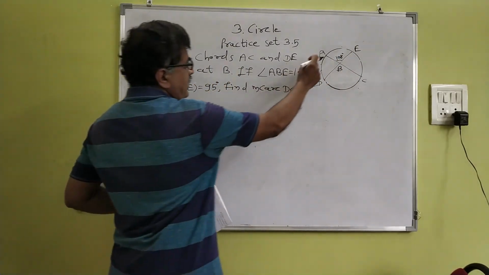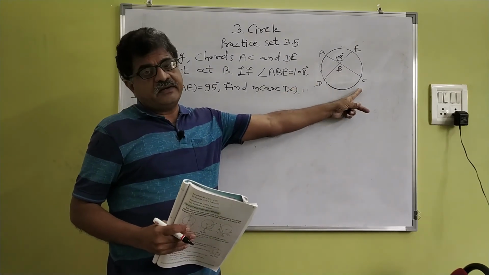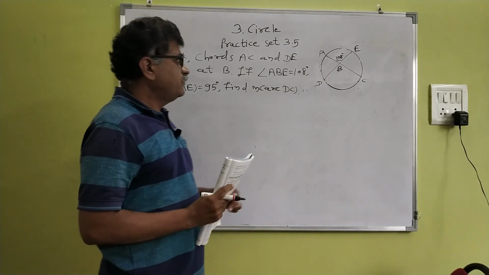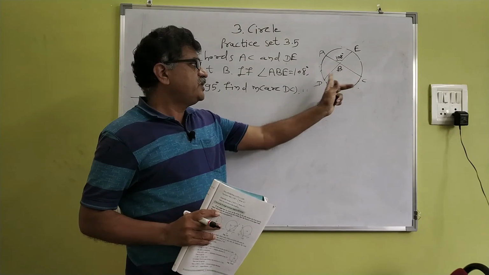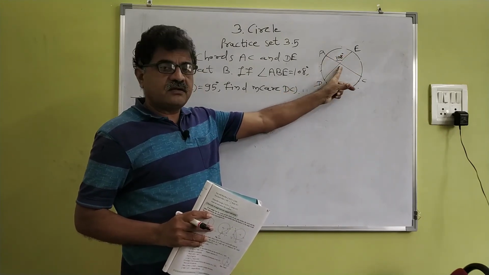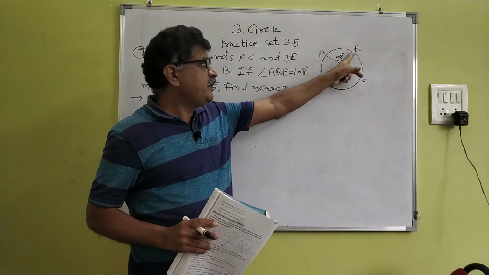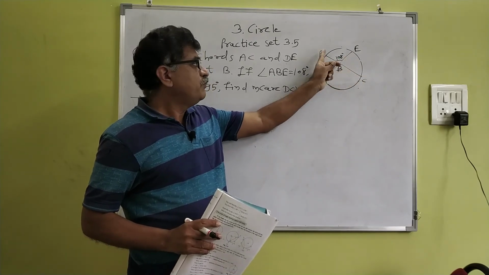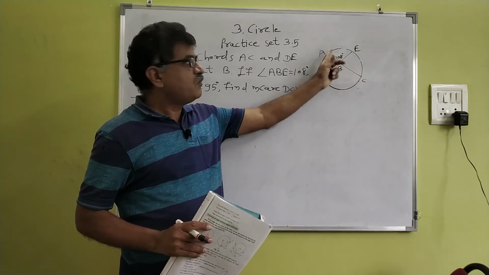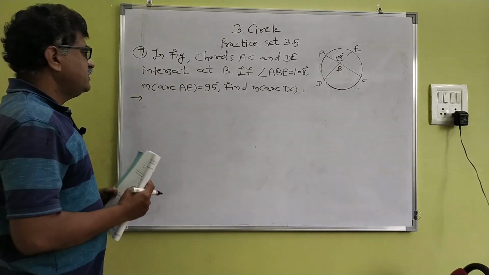Measure of arc AE is 95 degrees and we have to find the measure of arc DC. Now we see that chord AC and chord DE intersect each other inside the circle. Therefore, angle ABE is equal to 1 upon 2 into measure of arc AE plus measure of arc DC. Now by putting these two values, we get the measure of arc DC.